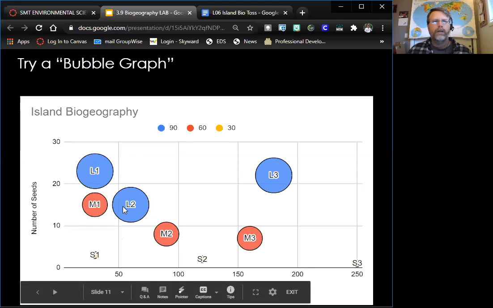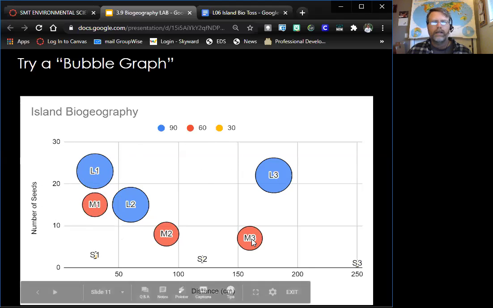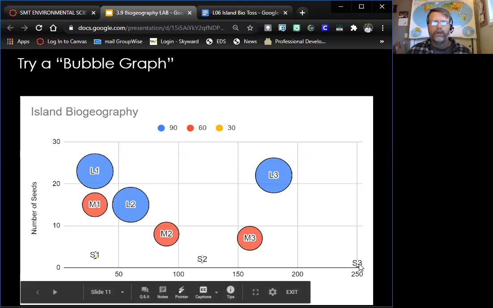So you could see big islands tended to have the most seeds, then middle-sized islands, and then the small islands. This is where we could see how far they were away and how many seeds they had. So we see the big island, even though it's far away, has almost the same number of seeds as the closer one. But the small island far away had very few seeds. So it did support what I was looking at here.